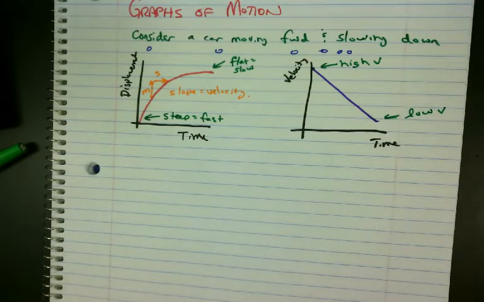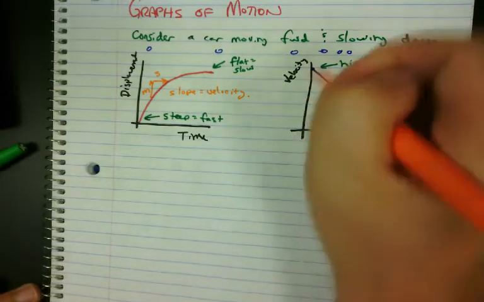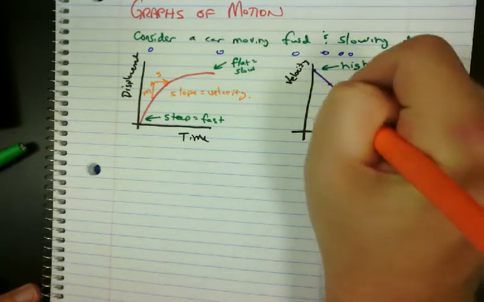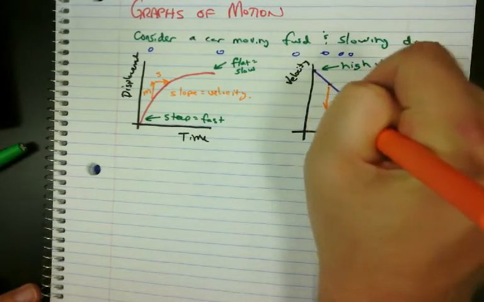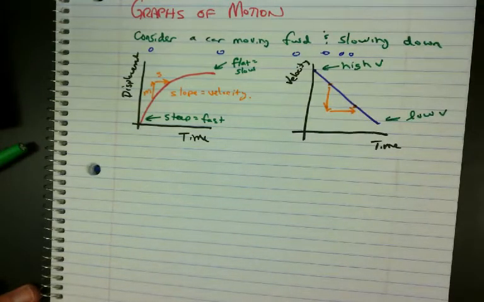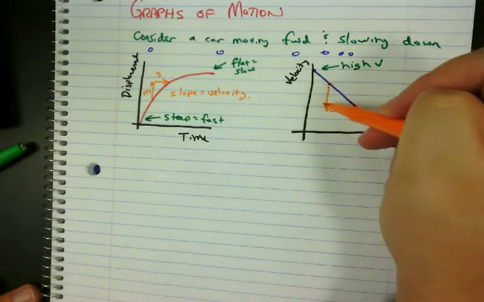Can you guess what the slope of this is going to give us? Any ideas? Well, let's think about this, right? If I pick 2 points and do rise over run, although in this case it won't really be a rise over run, it'll be a fall over a run. But what is my fall going to be measured in?